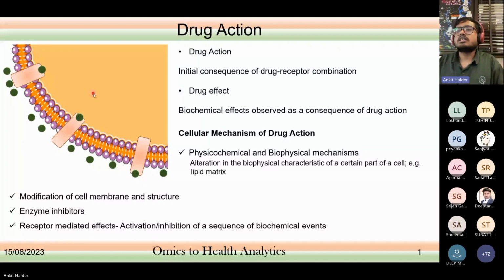One is the initial consequence of the drug-receptor combination, and another is the biochemical effects that occur due to that, the sequence or chain of events that happen. So there are different ways and mechanisms of drug reaction.